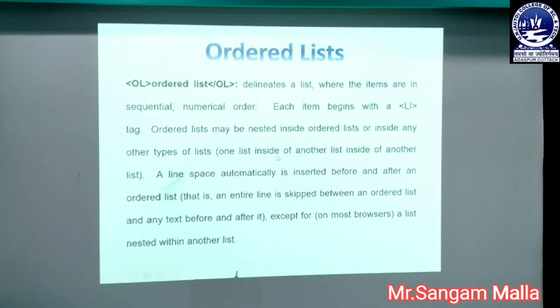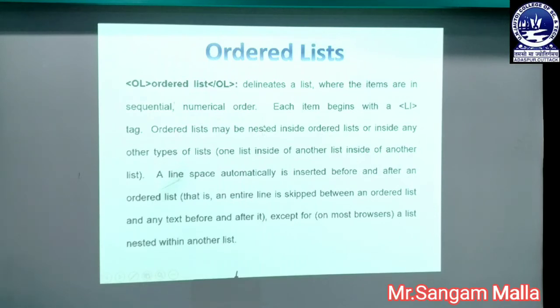That means one list inside another list inside another list; the list can be nested. A line space is automatically inserted before and after an ordered list. That is, an entire line is skipped between an ordered list and any text before and after it. This holds for most common browsers, with a list nested within another list.